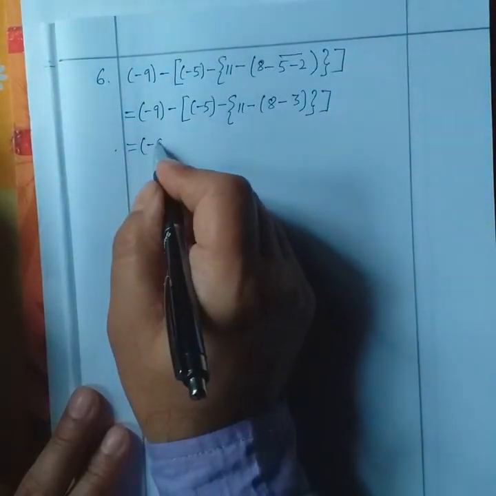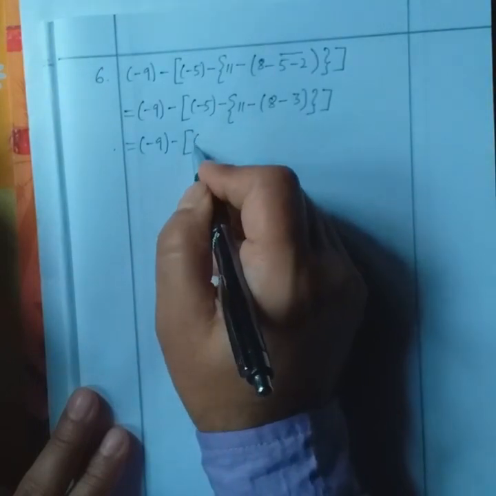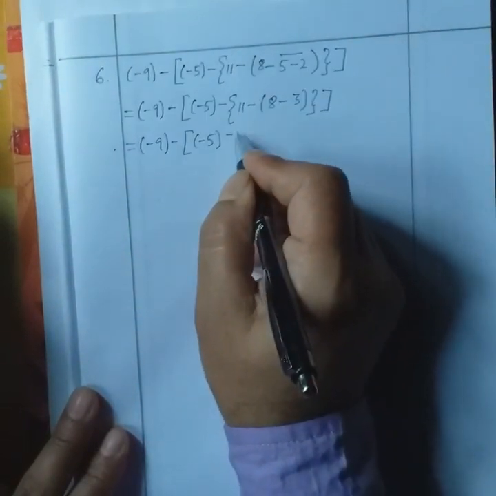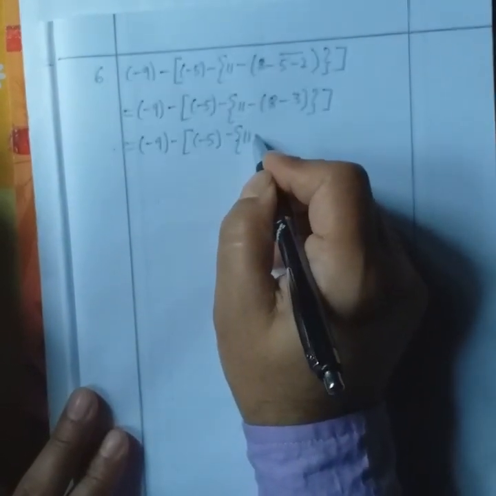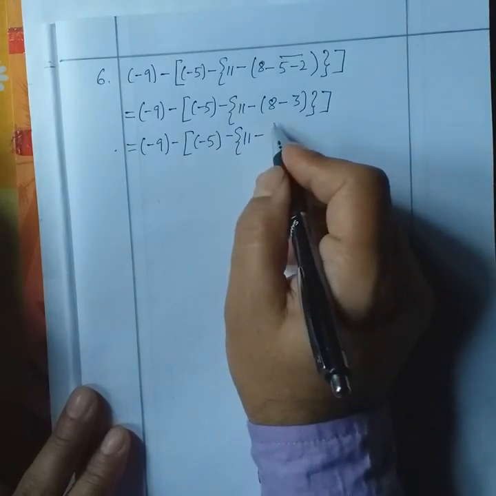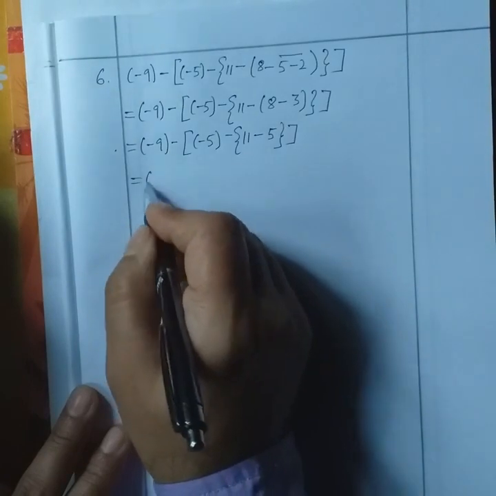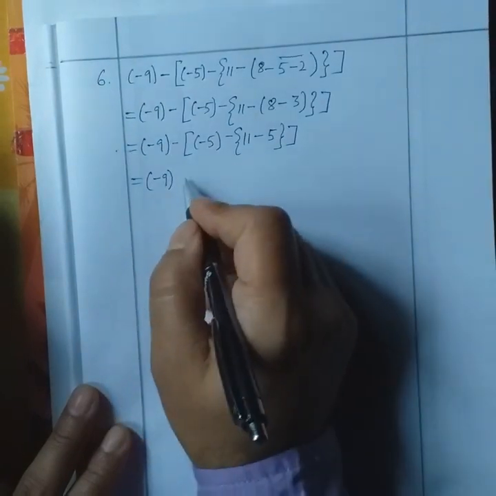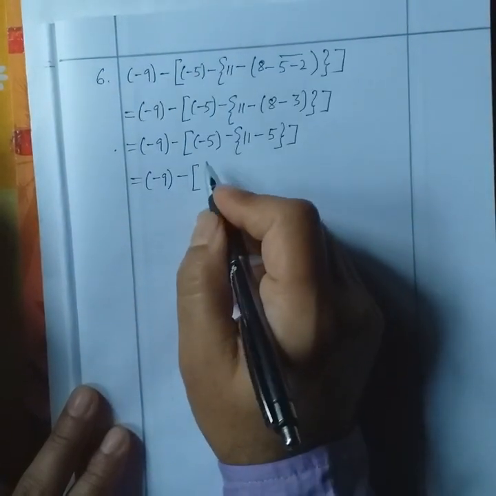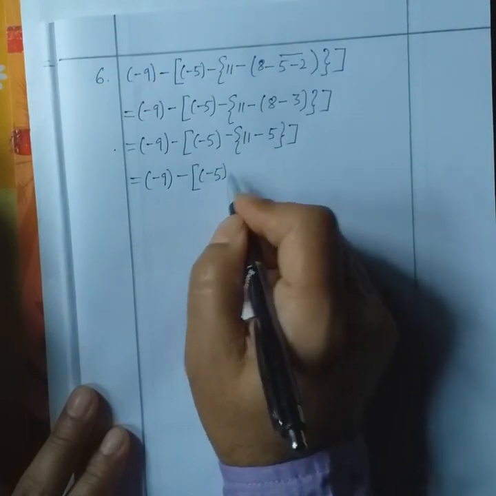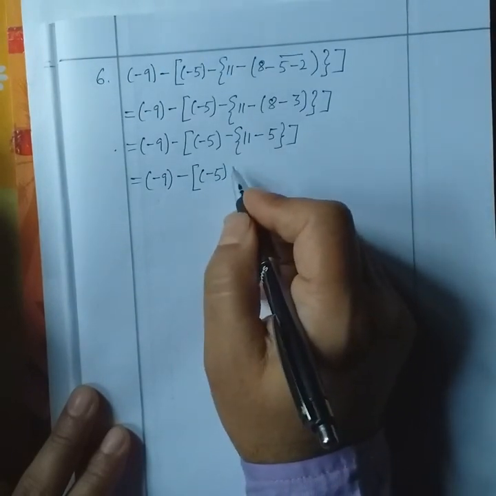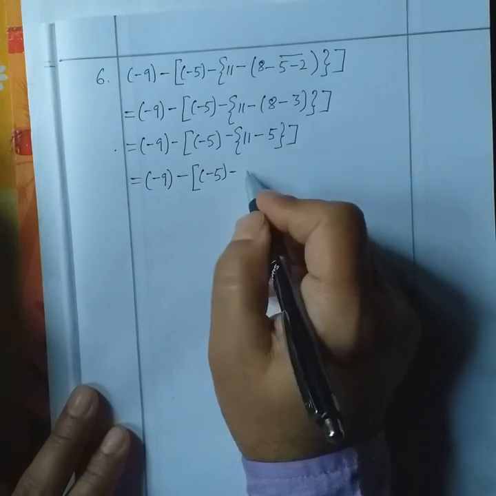Next step, minus 5, 11, inside this bracket 8 minus 3 is 5, minus 9 minus 5, 11 minus 5 is how much? 11 minus 5 is 6.